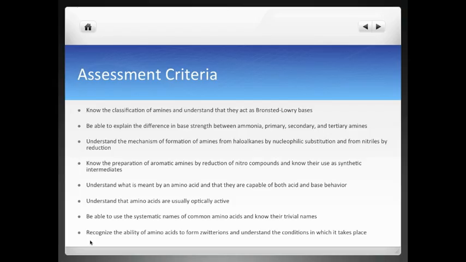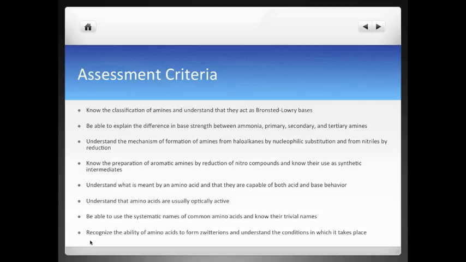The assessment criteria is fairly long for this topic. You need to know the classifications of amines and understand how they act as Bronsted-Lowry bases. You'll have to be able to explain the difference in base strength between ammonia, primary, secondary, and tertiary amines.